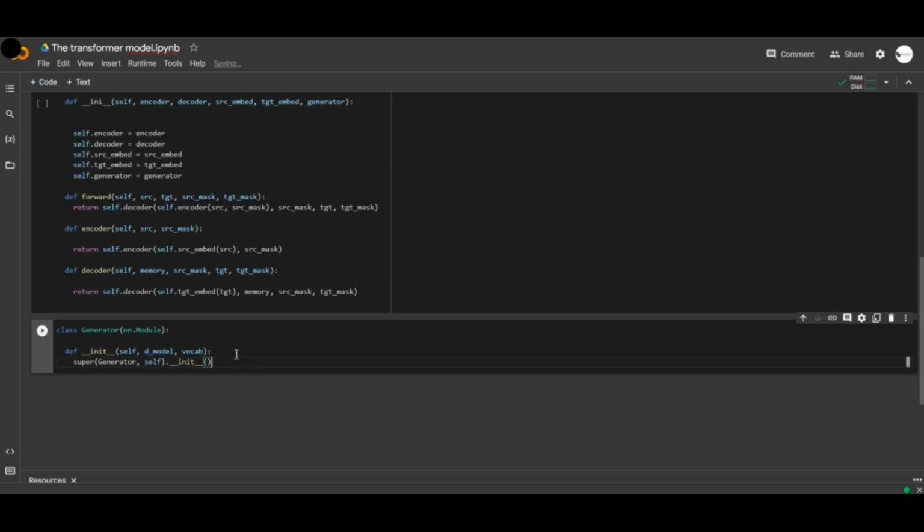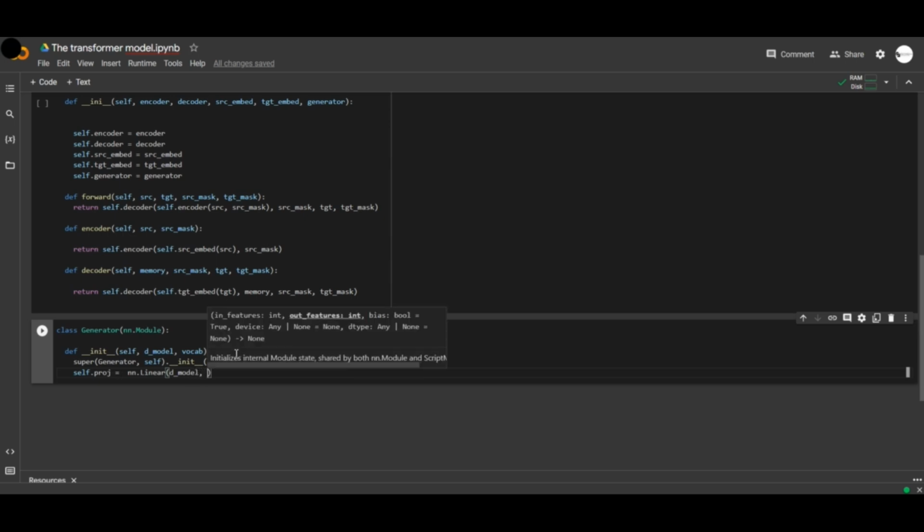Okay, so we have the dimension of the model and the vocab size. We're going to create a linear function, and we take in d_model, which is the dimensionality of the model, then the vocab size, and that's it.